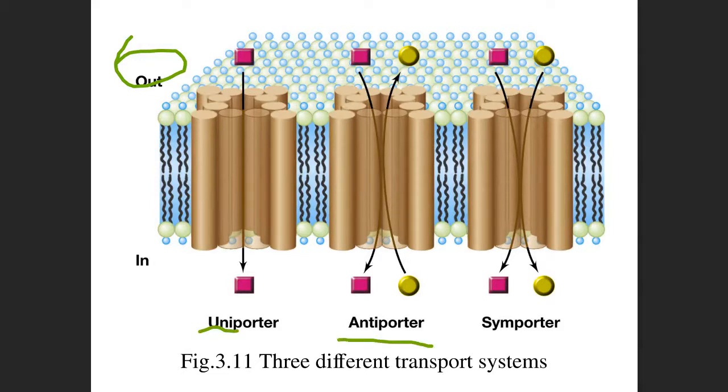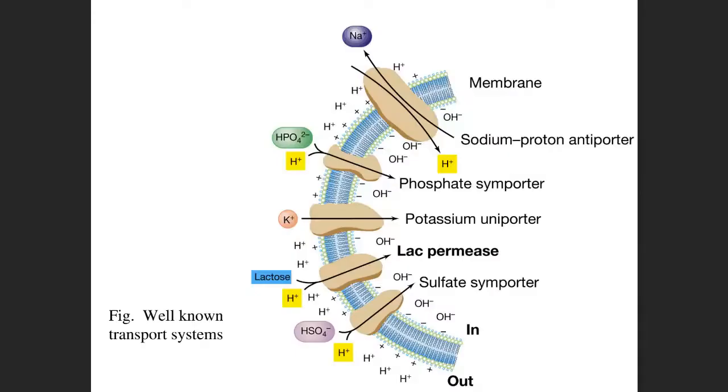Because this substrate comes in, but it's coupled with something else that's going out, so it's in the opposite direction. And this is a symporter, so these things come in together. So this is another way of separating out the transporter systems.